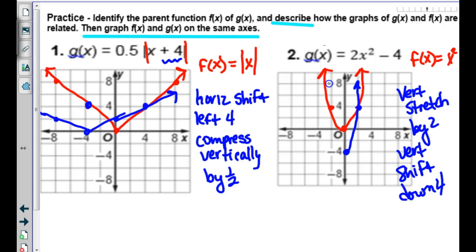So this 4 should be up at 8, but then it should shift down 4, so it moves back here. So it looks skinnier, but that's really only because they pulled it up. Parabolas are not good examples in my opinion because you can't tell what's going on.